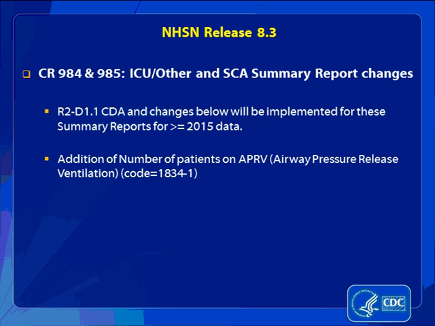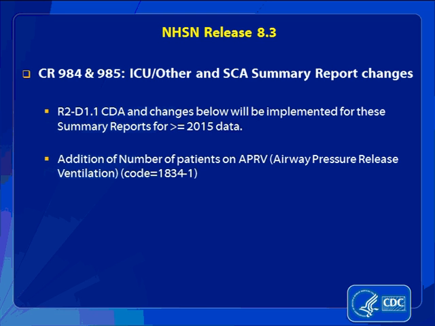I mentioned the summary reports. These are reports we haven't touched in a long time, so we're actually trying to bring those up to the current version of the user interface. For the ICU Other and SCA summary reports, we'll turn these on for January 2015 and later, and there will be a new variable added to these CDAs for the number of patients who are on APRV, which is a particular type of ventilation.